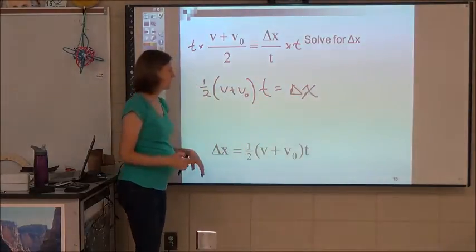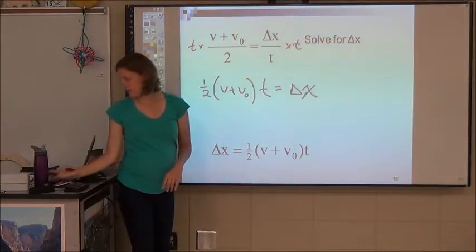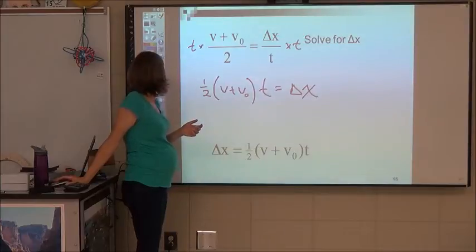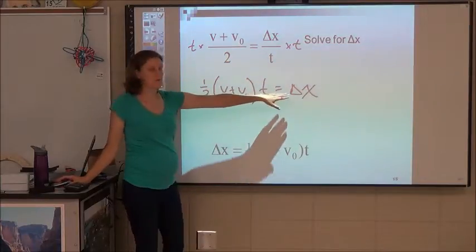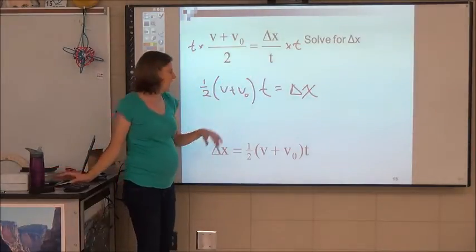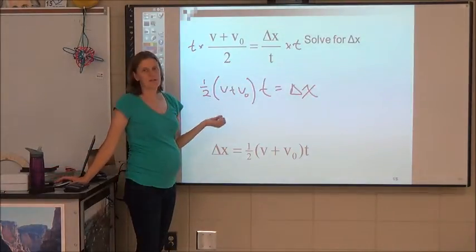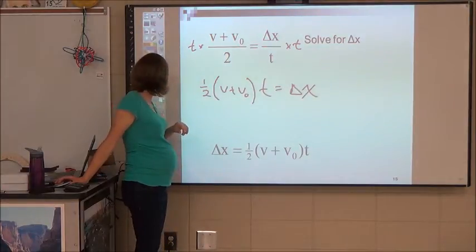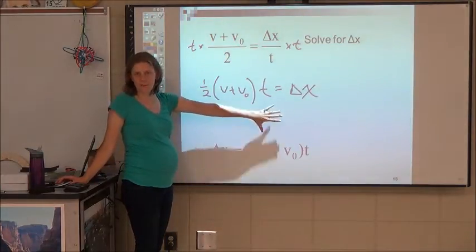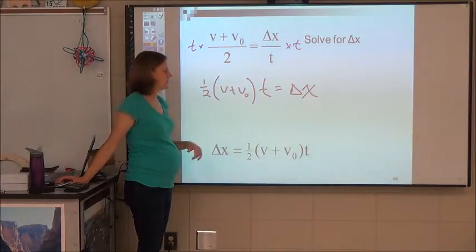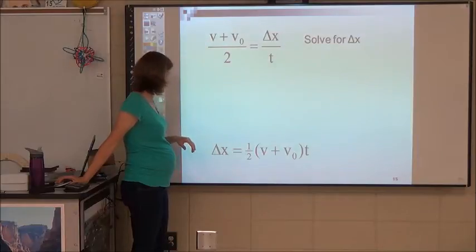Is delta x. So there is one equation we could use to solve for the position of a vehicle, car, person running, what have you, if they are accelerating. But again, accelerating at a constant rate. And we're not dealing with calculus here, so we are going to be dealing with a steady, set pace, no changing accelerations here.